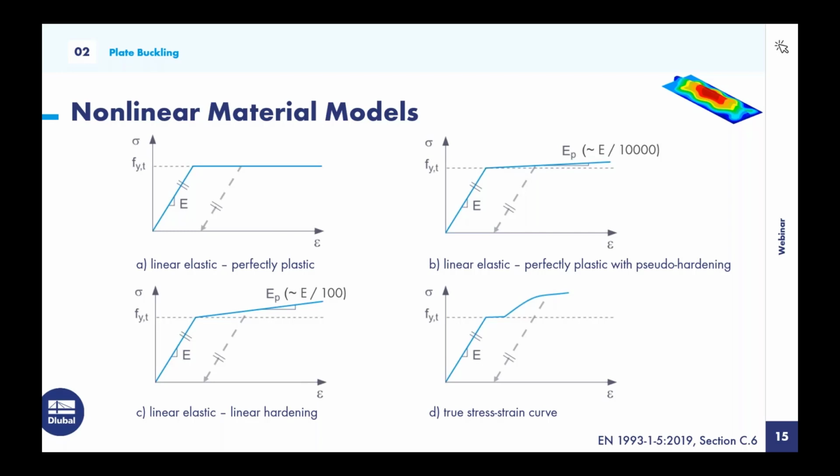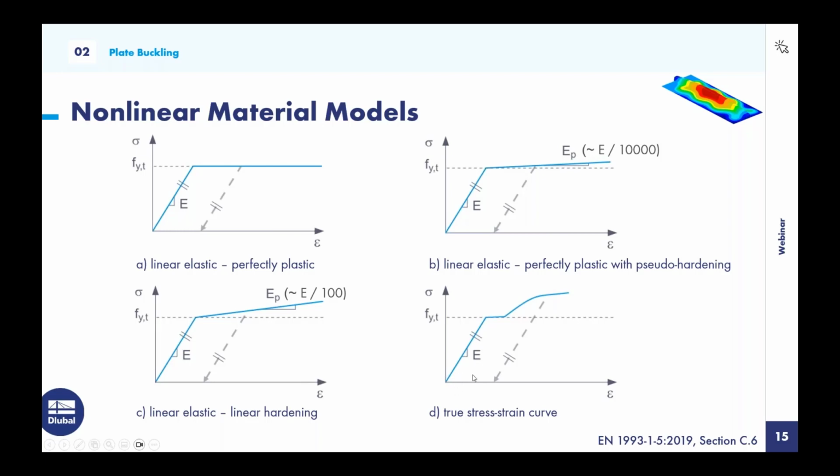Basically, we can neglect hardening of the material on the safe side. We can also only account for pseudo hardening as shown here in the material model B. This is just very small linear hardening just to improve the convergence behavior of the numerical simulation, but without having a significant impact on the analysis results.